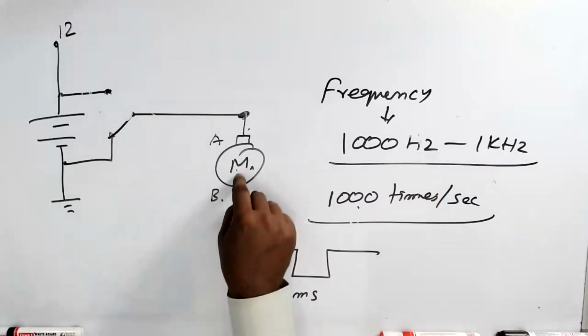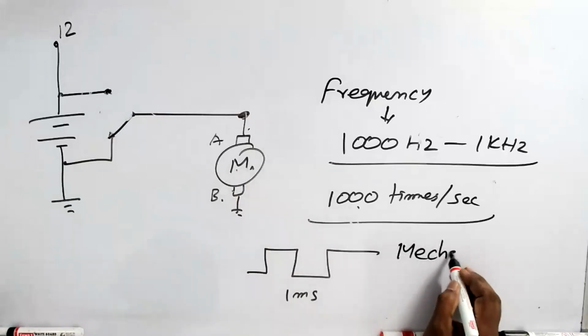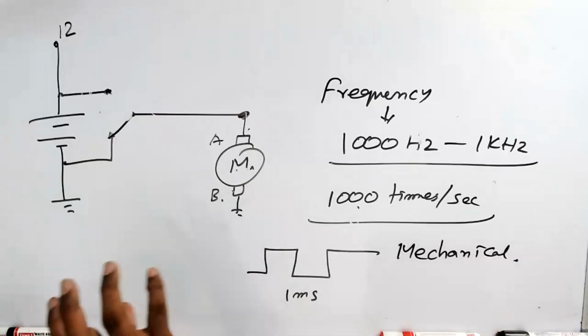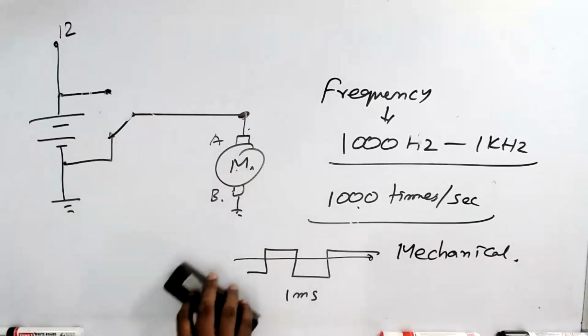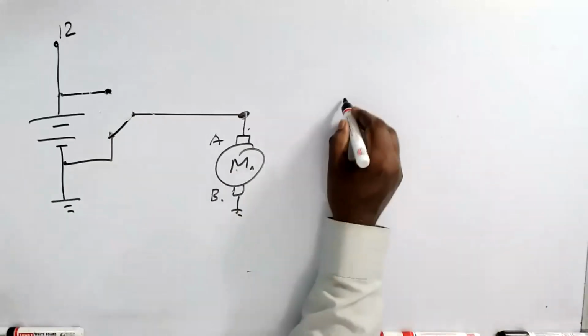But the motor is a mechanical device, so it cannot stop and start that fast. Effectively, the motor speed comes down, that is, the average voltage comes down. That's why the motor settles at a steady speed. This is what we call the duty cycle.